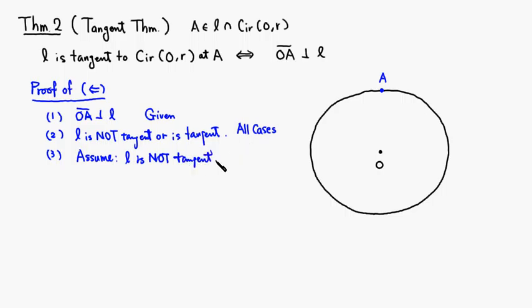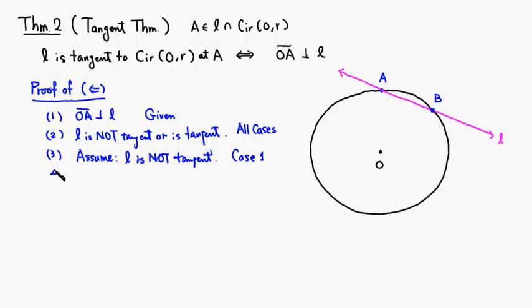This is case 1, which means that it's going to have another intersection with the circle, so I'm going to just draw it like this. So here's L. Since it's not tangent, there's going to be another intersection point, which I'm going to call B.